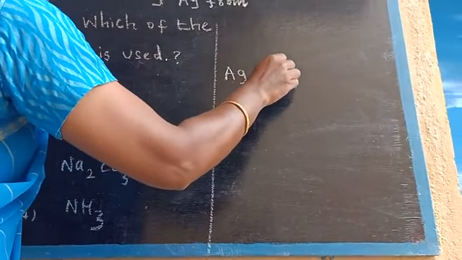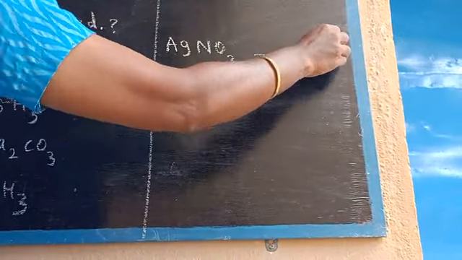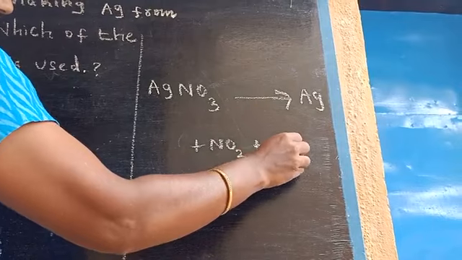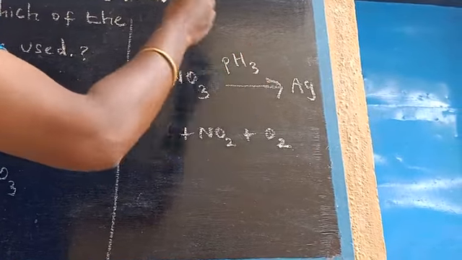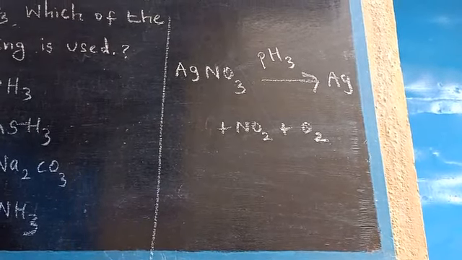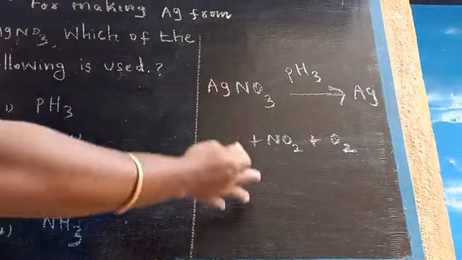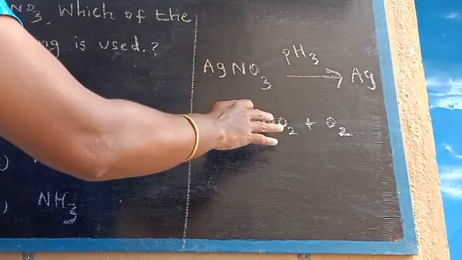AgNO3 gives Ag, and NO3 gives NO2 plus O2. So here the catalyst used is PH3, phosphine. For this reaction, the relevant catalyst is phosphine, PH3.